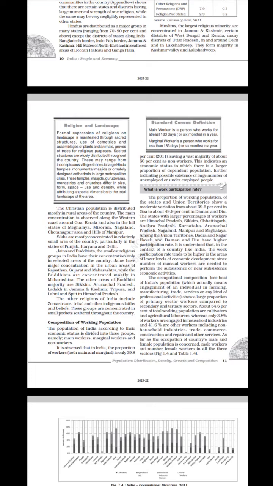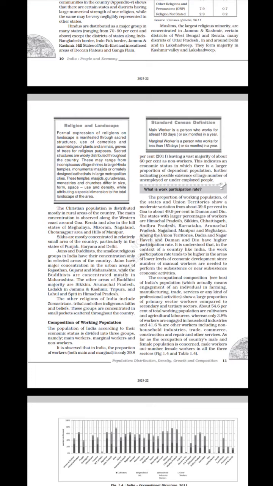The states with larger percentages of workers are Himachal Pradesh, Sikkim, Chhattisgarh, Andhra Pradesh, Karnataka, Arunachal Pradesh, Nagaland, Manipur, and Meghalaya. Among the union territories, Dadra and Nagar Haveli and Daman and Diu have higher participation rates.